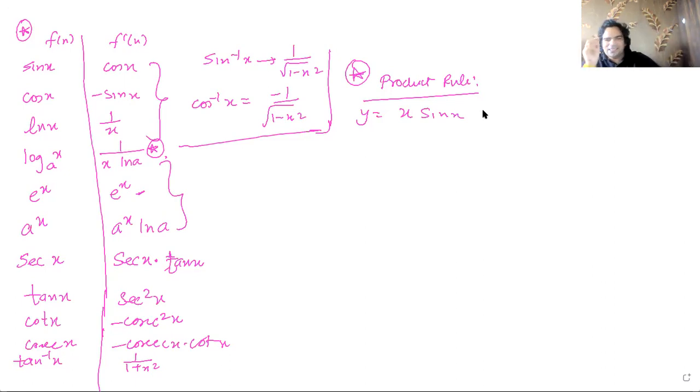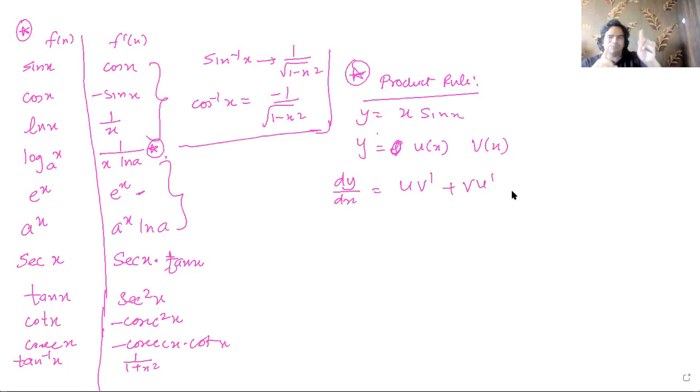As you can see, when you have two functions, let's say one function is u of x and the other is v of x, and they're multiplied together, when you do the error analysis, to be frank, what you'll notice is that the dy by dx formula is u v dash plus v u dash.